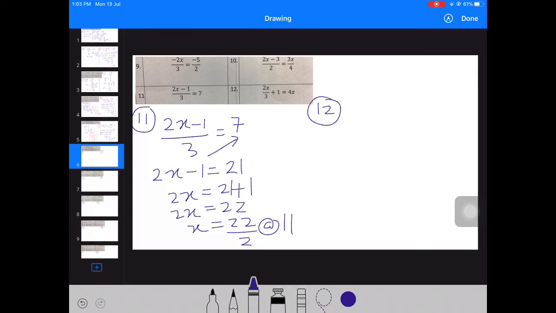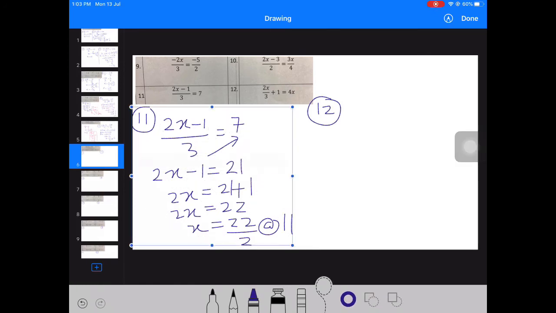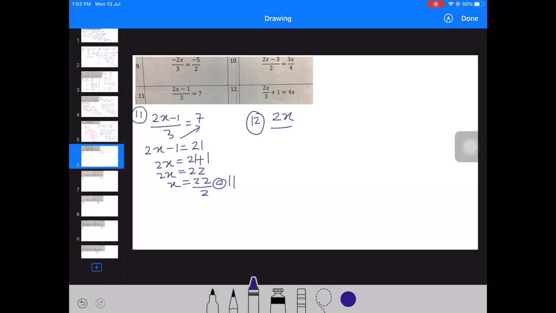Alright, for number 12. Number 12, we don't have a single fraction, but we have two terms on the left and one term on the right. Let's resize this. Okay, we have 2 over 3 plus 1 equals to 4x.